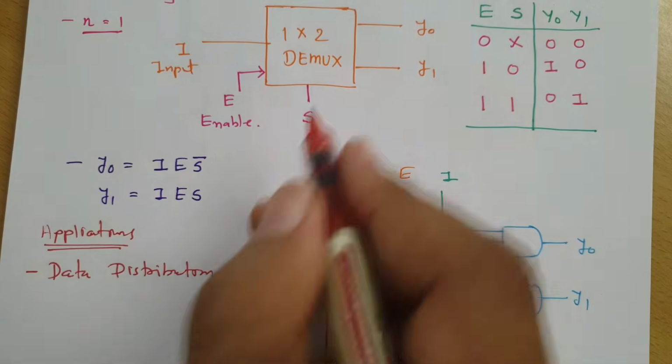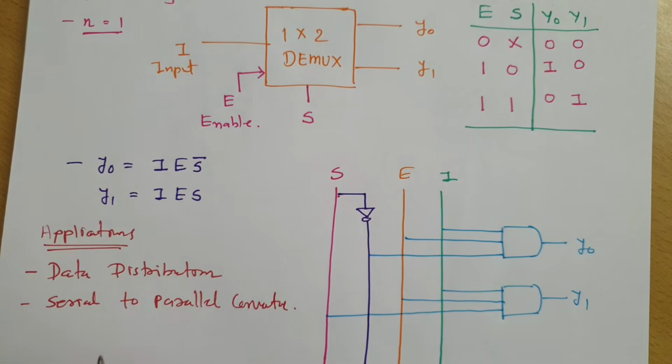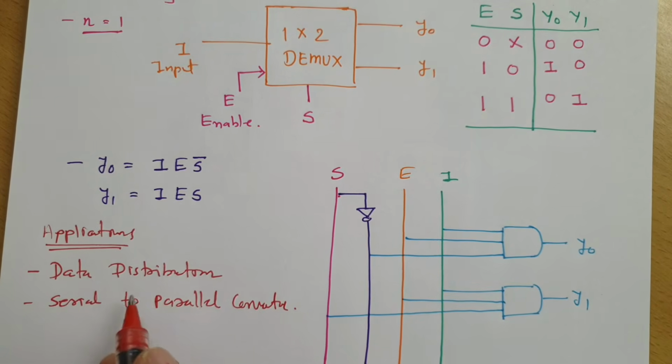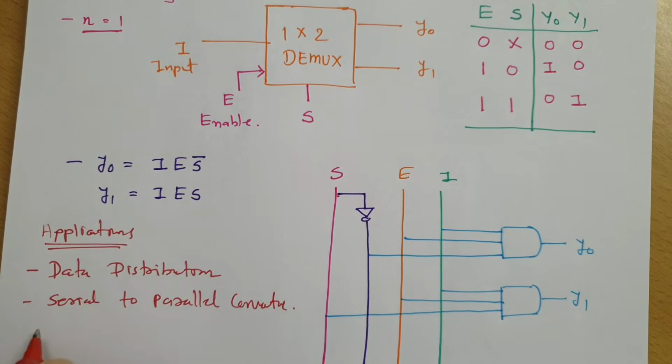Its applications are also in serial to parallel converters, and in one-to-many circuits, where there can be many circuits to which we need to interface some Boolean expression.